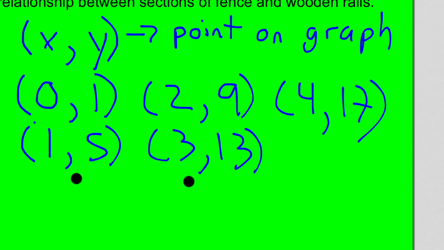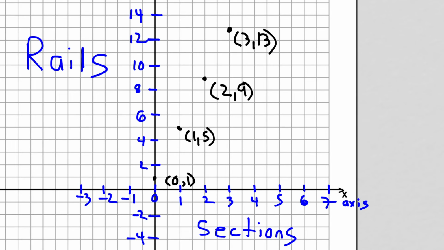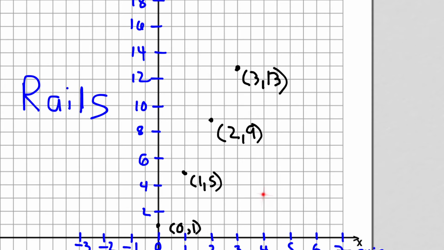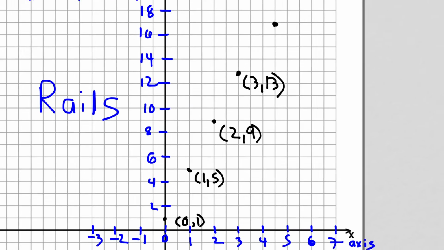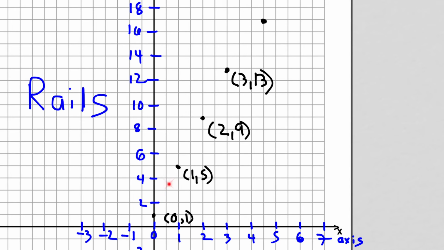And then my last point is 4, 17. Oops, wrong direction. So I'm going to go across 4 on the x and up to 17 on the y. And I'll put a point right there. And you'll notice what we've got is a straight line.